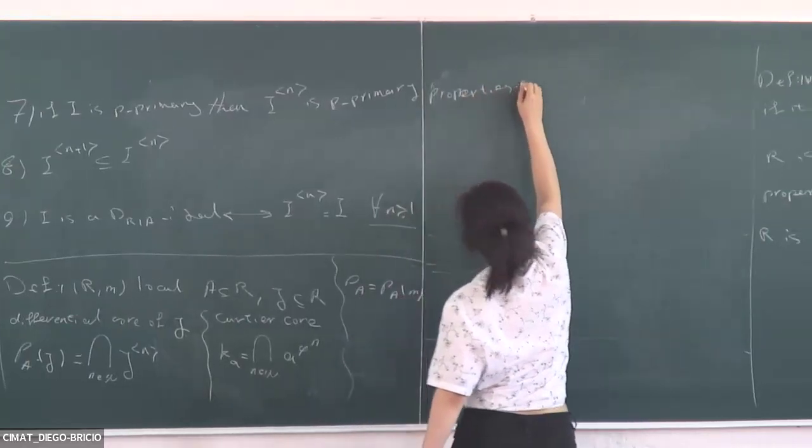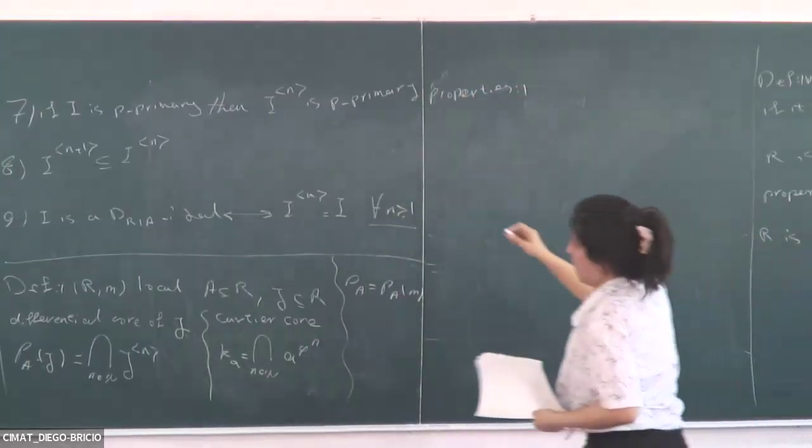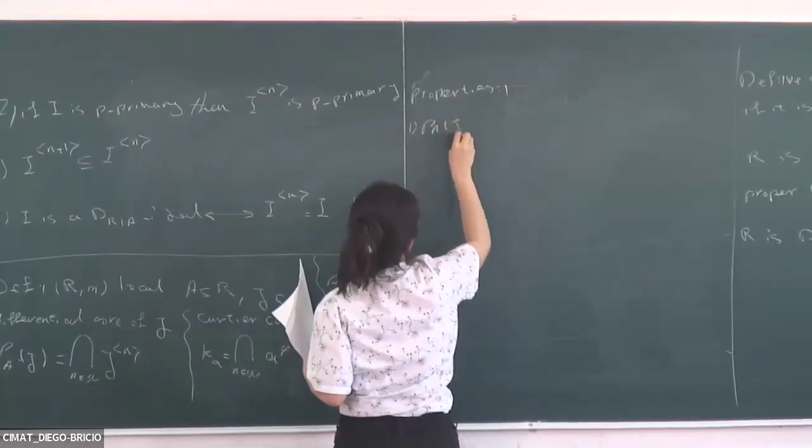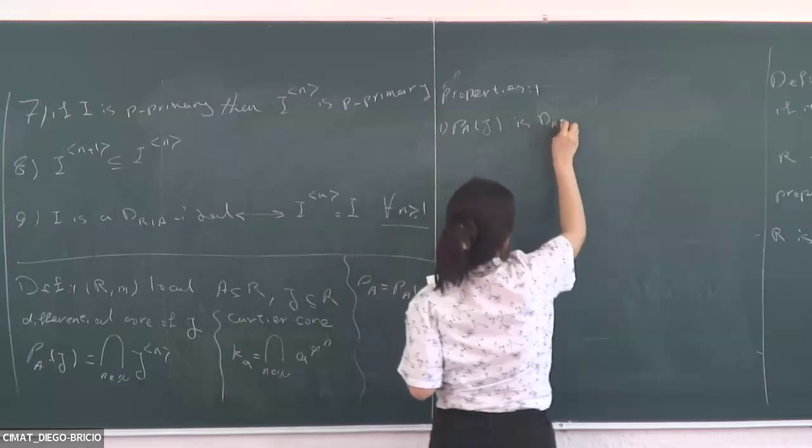So the properties of this differential core are, first of all, for J a P R over R ideal.